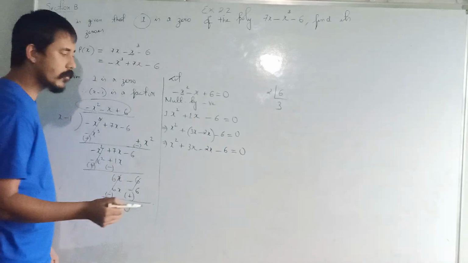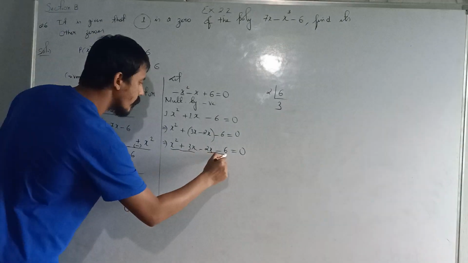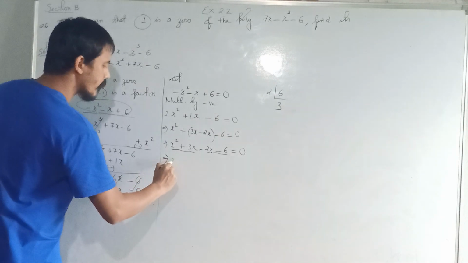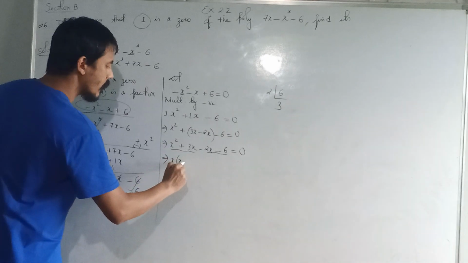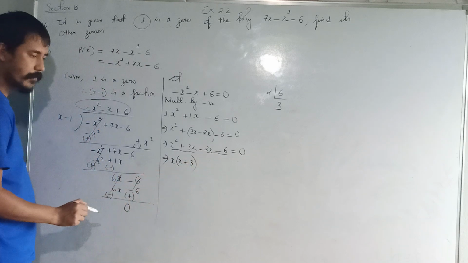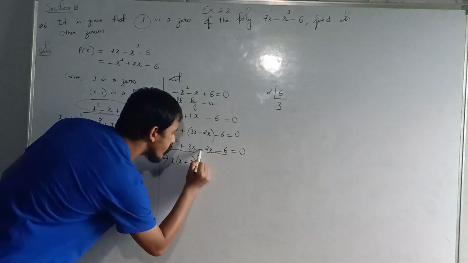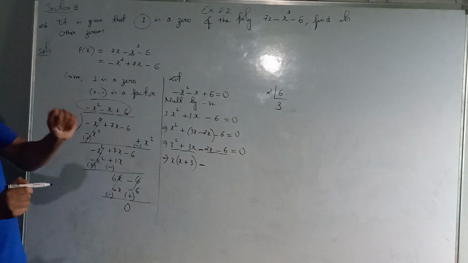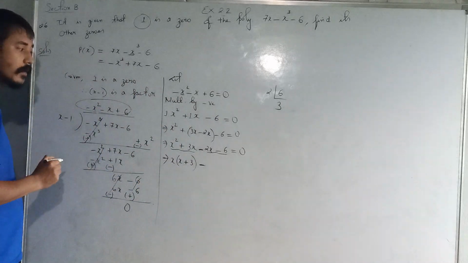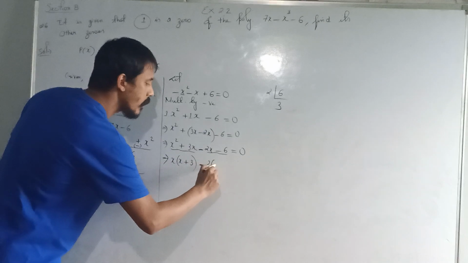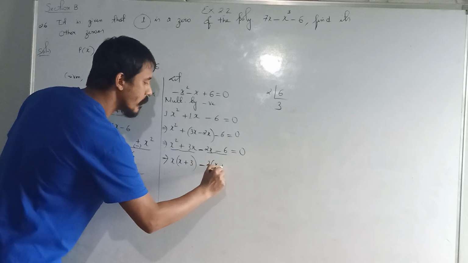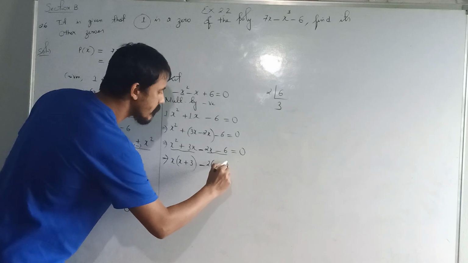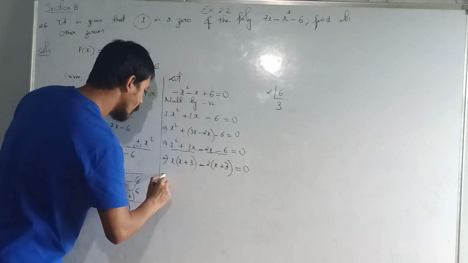So there are 4 terms altogether. We take pairs. From the first pair, x is common, then we have x plus 3. Now the next term is negative, so we take negative here. From the last pair, 2 is common: x plus 3, with minus 2 times 3 giving minus 6.